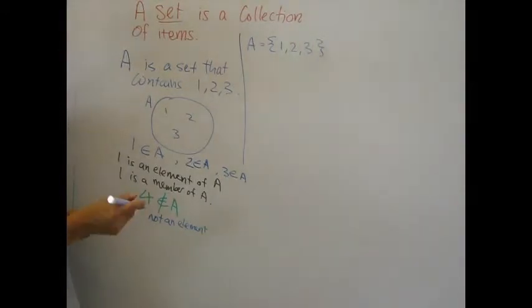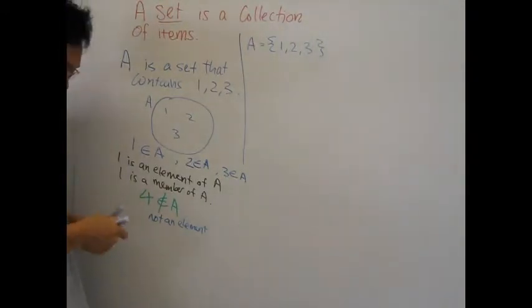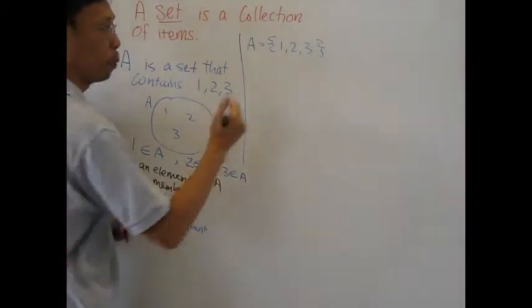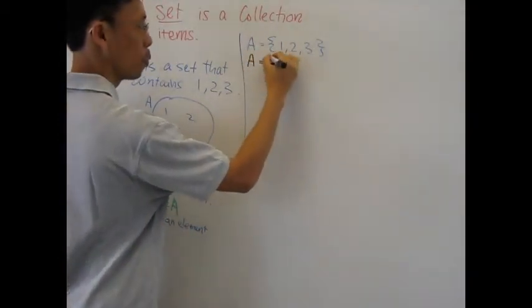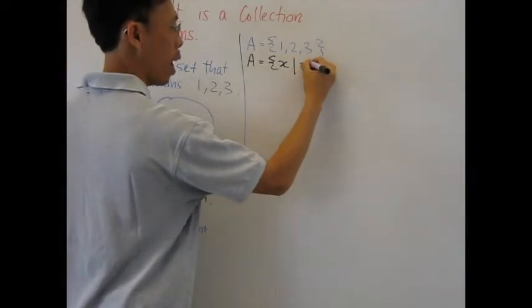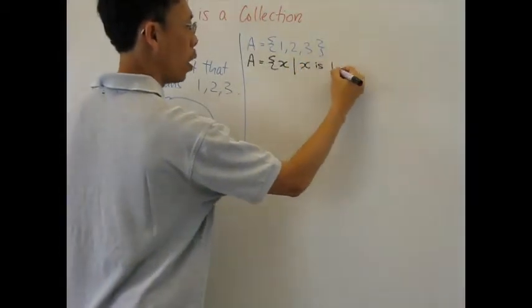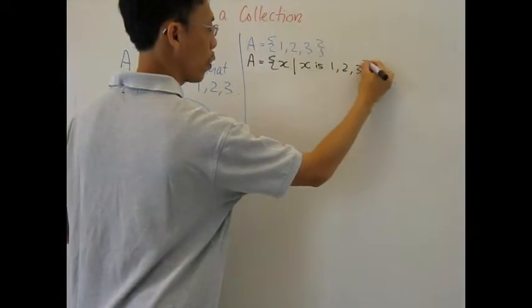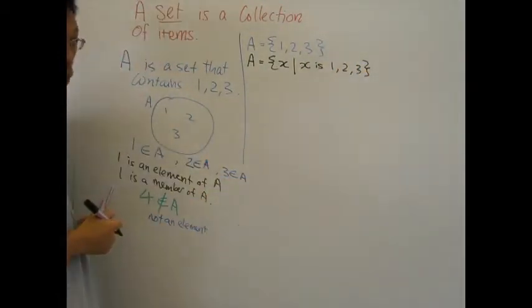And I can also write A as a condition, for example: {x such that x is 1, 2, 3}. So this is in terms of conditions.